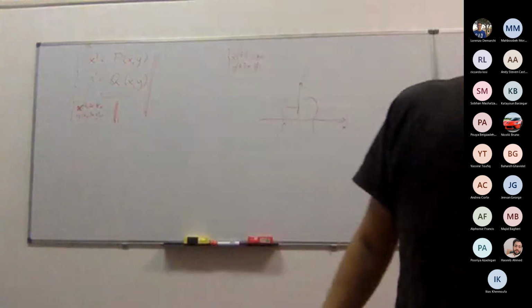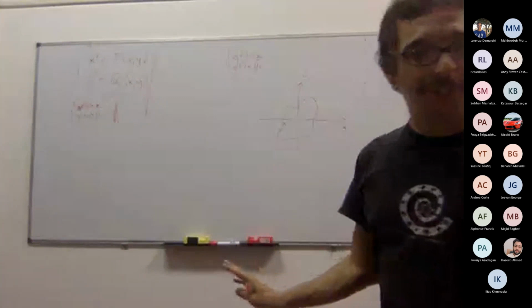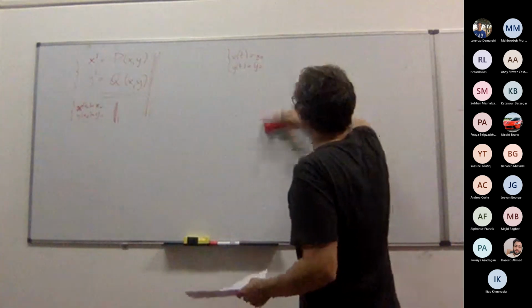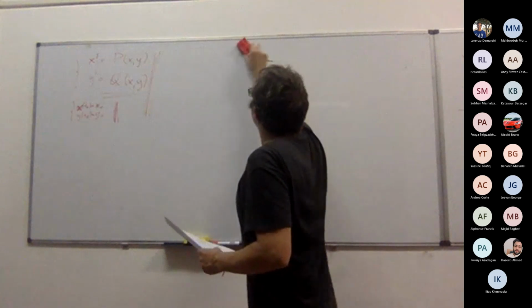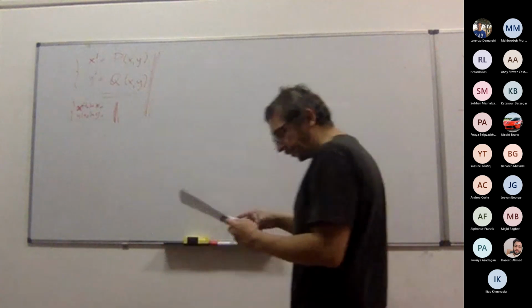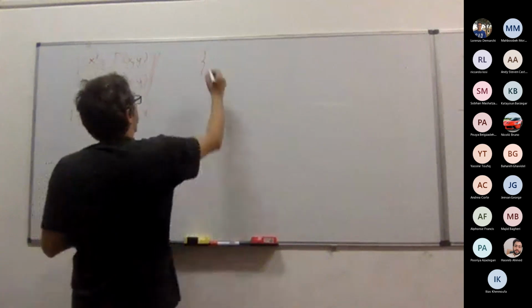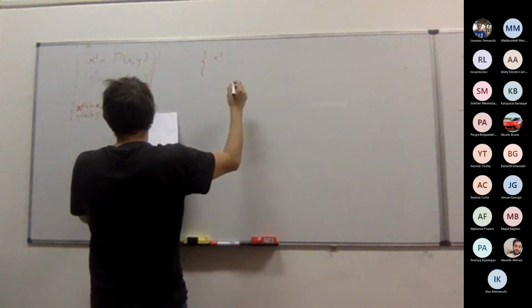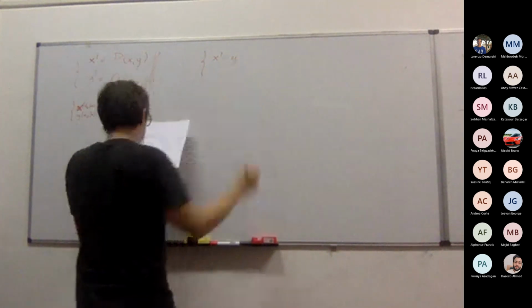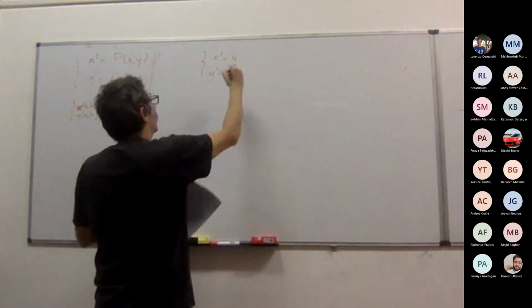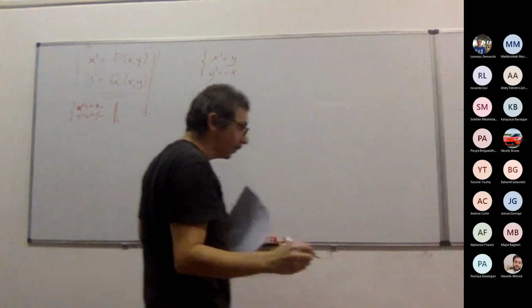Now, let's see a simple example in order to see how things are working with some numbers. So imagine that I have some system which is given by x prime equal to y and y prime equal to minus x.